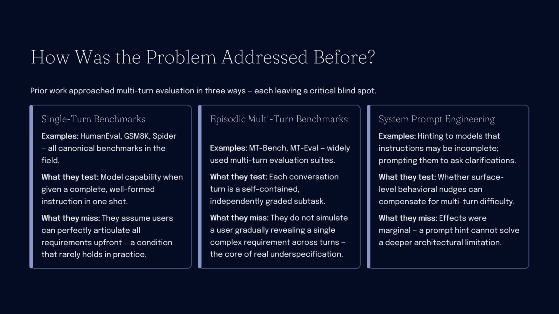Third, system prompt engineering. Some researchers tried just telling the model, "Hey, the user might not give you all the information at once," but we'll see later that it had no effect at all. So prior work was either ignoring multi-turn entirely or testing a version of multi-turn that doesn't reflect how people actually communicate.